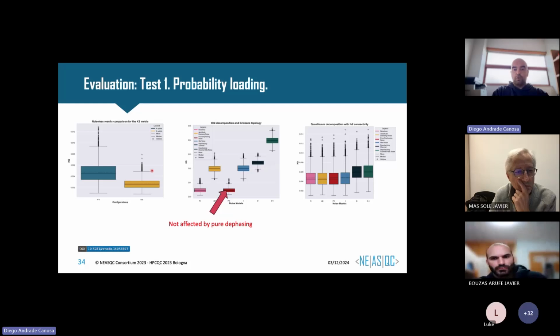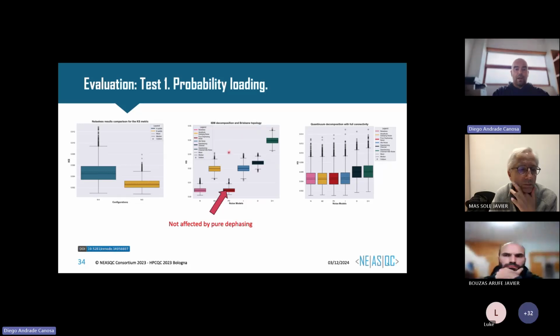So I'm going to show you just the results of two of the benchmarks. The first one is the probability loading. In the probability loading, I'm reporting just the KS metric, and this will be the ideal case. Okay, so remember that here, the lower the better.